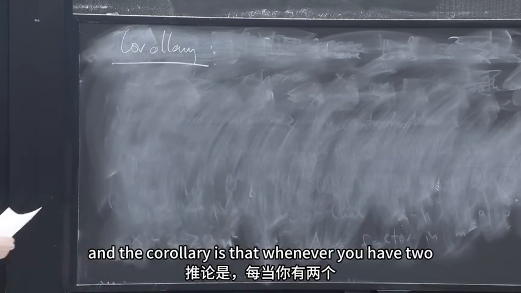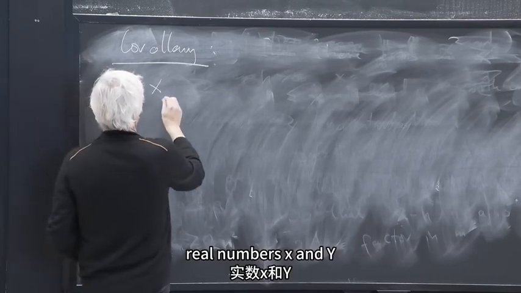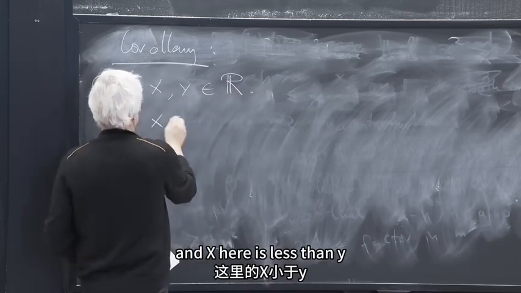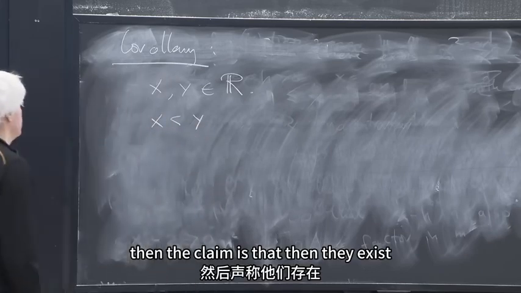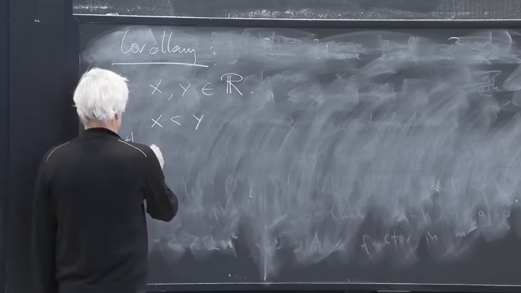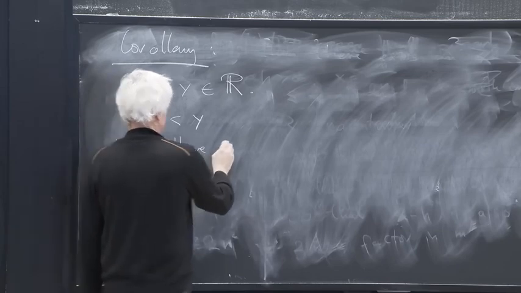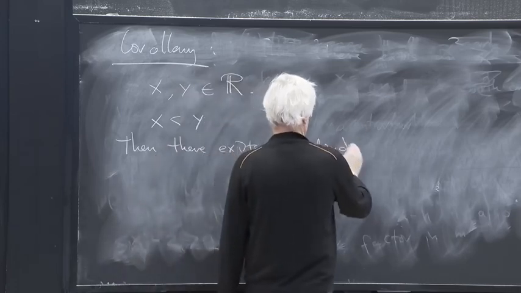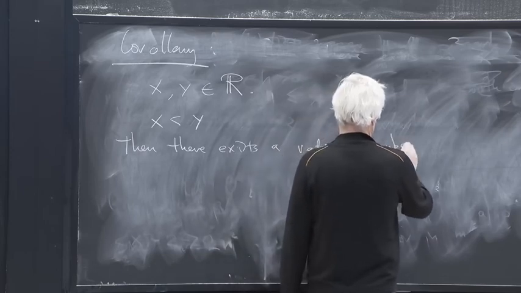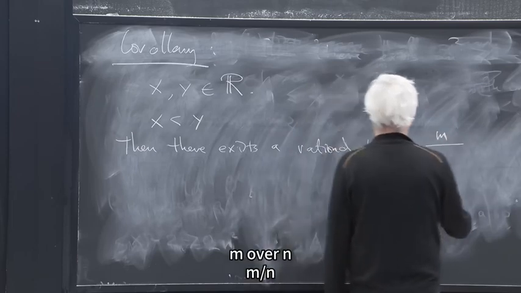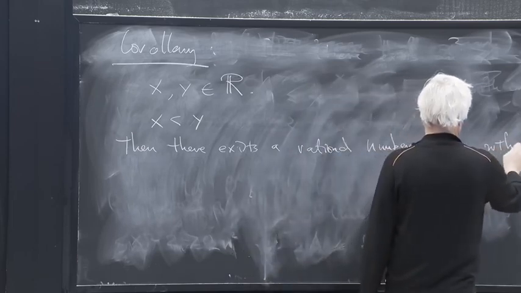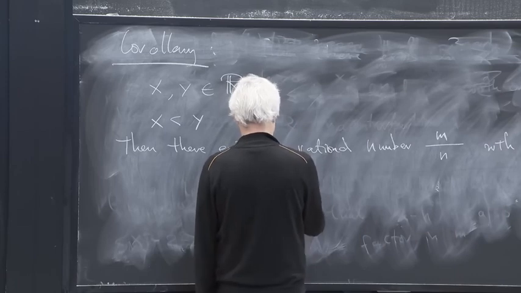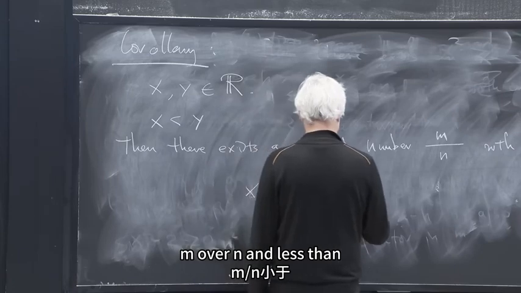The corollary is that whenever you have two real numbers, x and y, and x is less than y, then there exists a rational number m over n with the property that it is between these two, so that x is less than m over n and less than y.